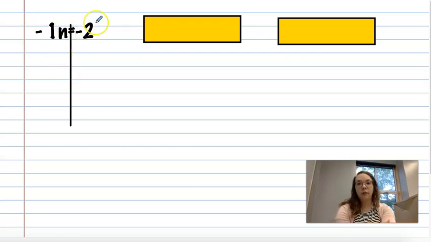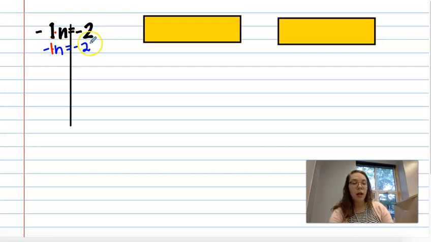-1n equals -2. Sometimes you will also see this as just -n. They don't always put the 1. So if there's not a number here, it is a 1. All right, just FYI. These are connected by multiplication. They aren't going to put the multiplication sign in between, but whenever you have a number right next to a variable, they're connected by multiplication.